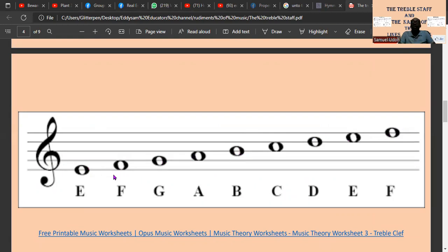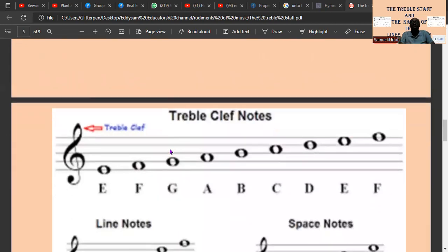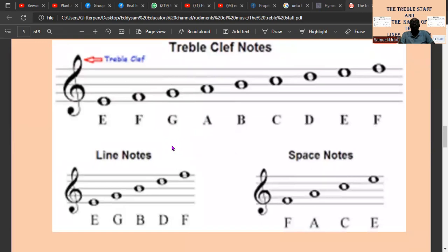So in our next slide, we're going to separate the lines from the spaces with their alphabet together.